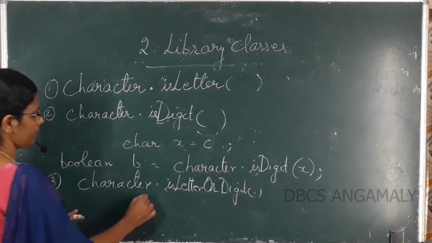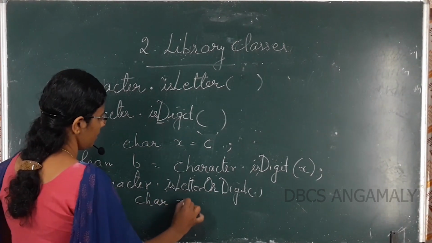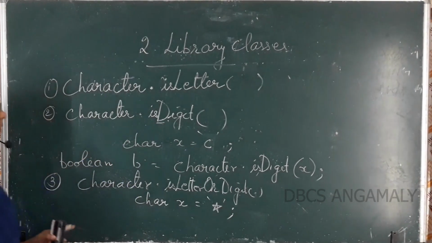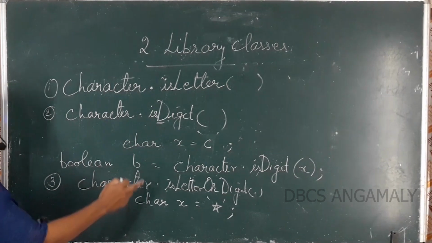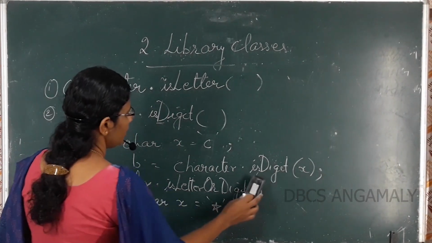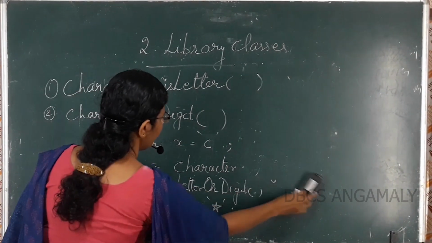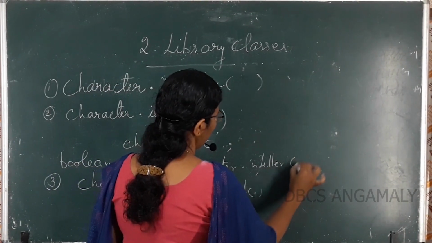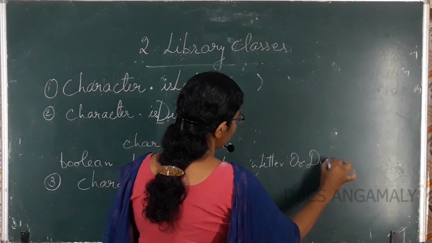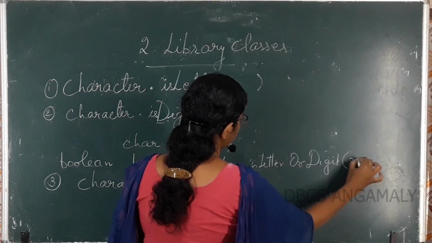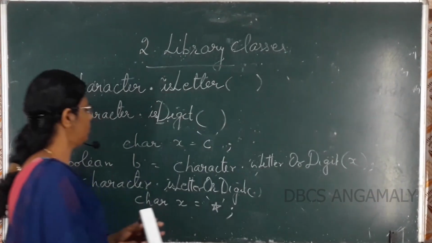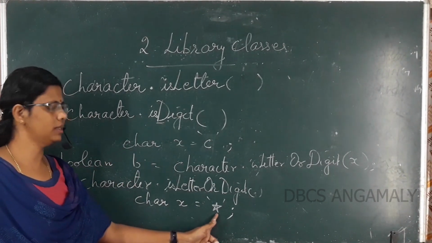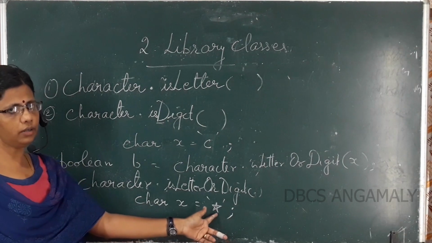For example, let me say char x is equivalent to asterisk. If I run boolean b is equivalent to Character.isLetterOrDigit of x, my output in b will be false because the asterisk is neither a letter nor a digit.